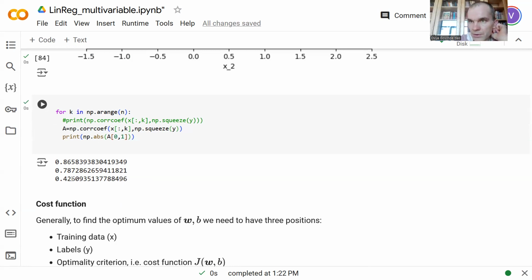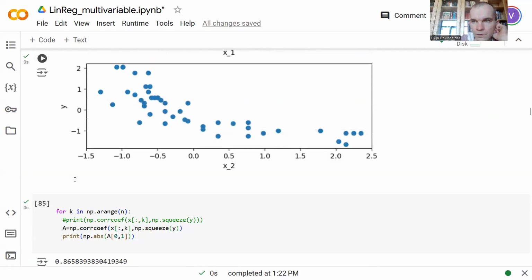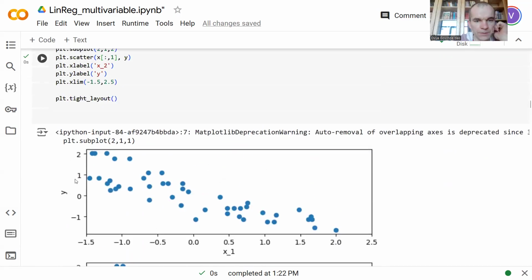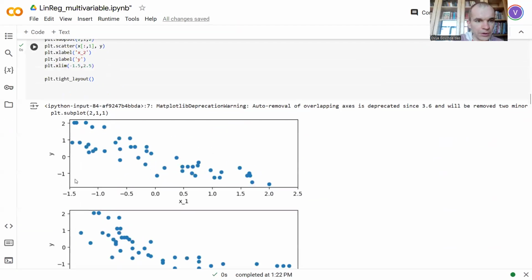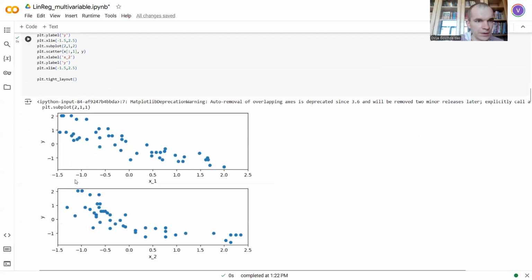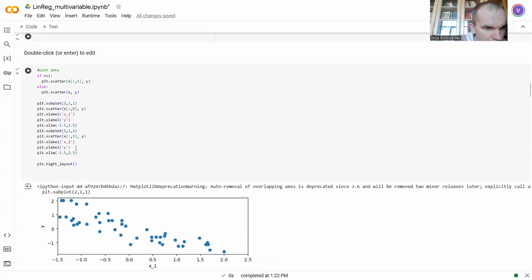And as you remember, adding acceleration did not improve the quality of our linear prediction. I did not plot here the dependency of y on x3, and I will do it now, and I believe we will see the difference. Let me do it right now.